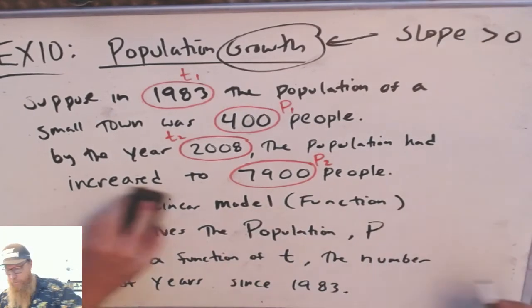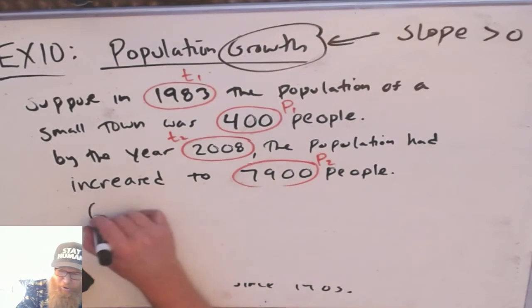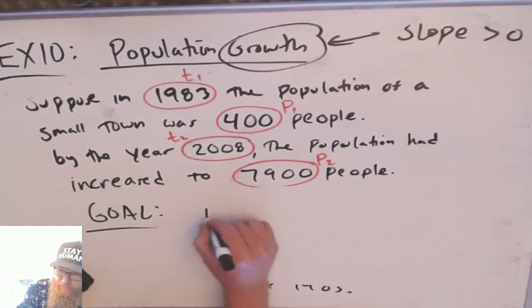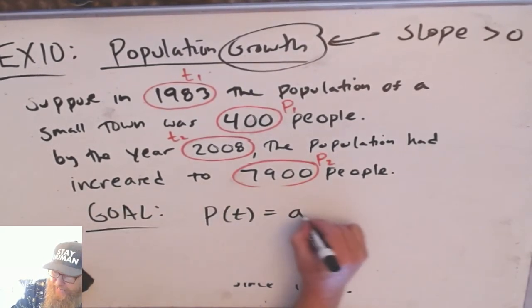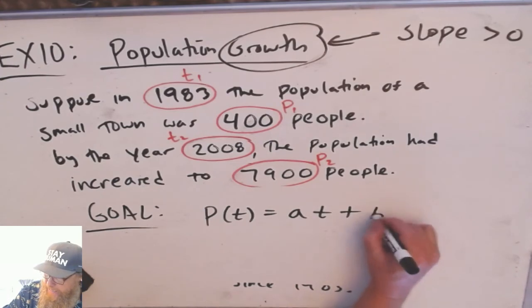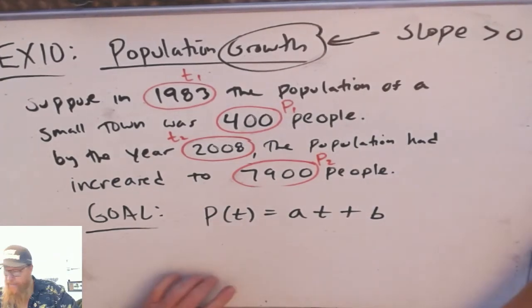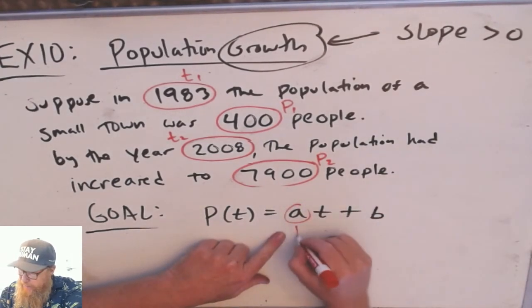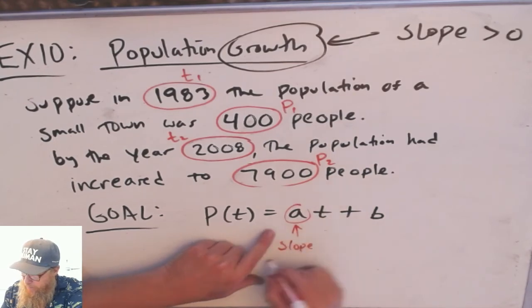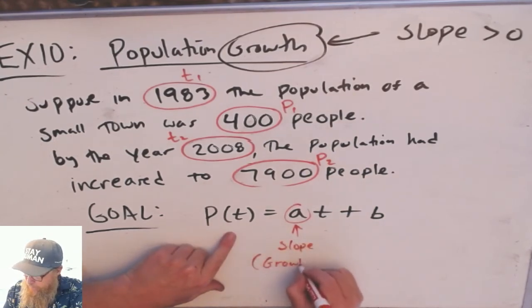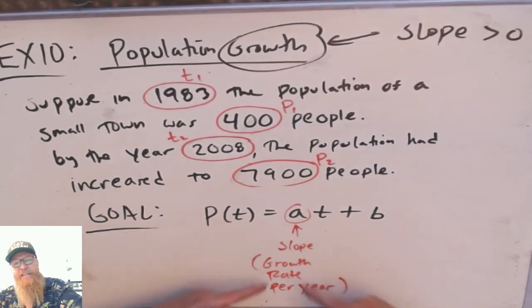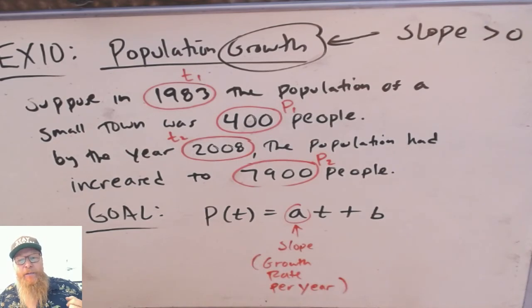So I'm just going to erase this and write our goal. P of t is AT plus B. A is the growth rate, also known as the slope. We call this the annual growth rate per year.